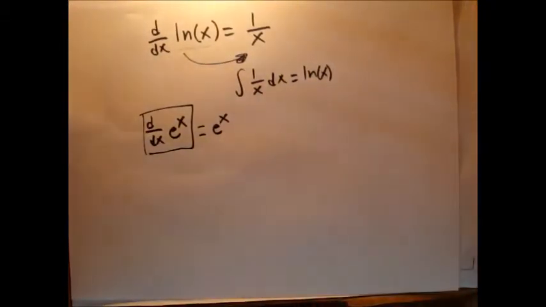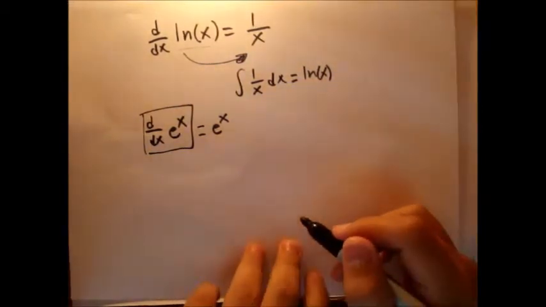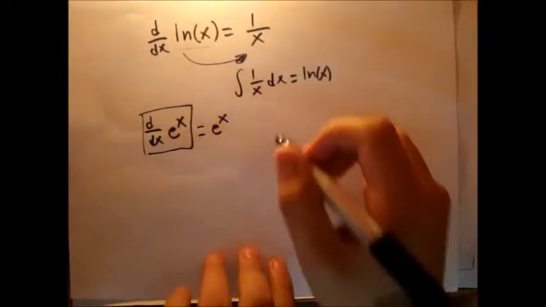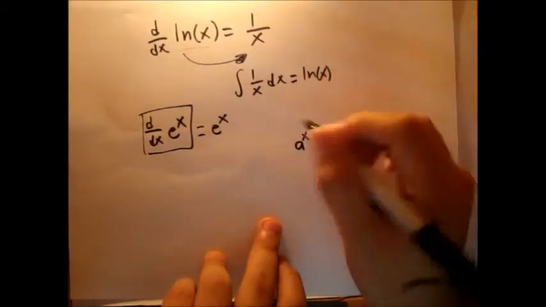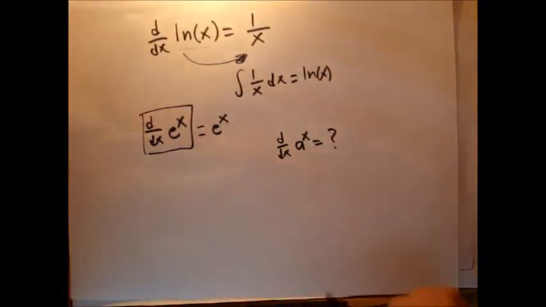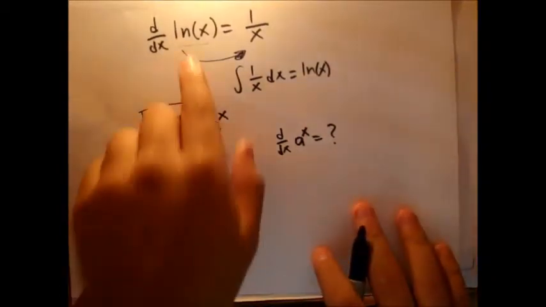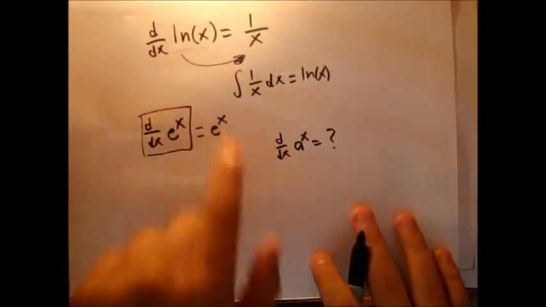Okay, but once we know this, let's actually go away from e. What about things that are not e? For example, if I had instead of e, let's say a random variable a to the x, what's the derivative of that? Well, we can use a simple trick using the natural log derivative that we've seen here.